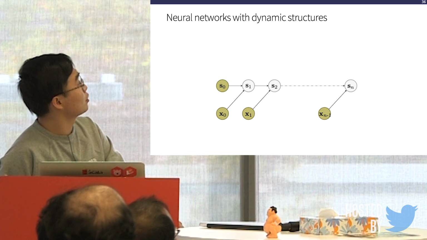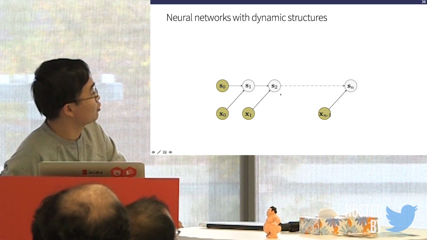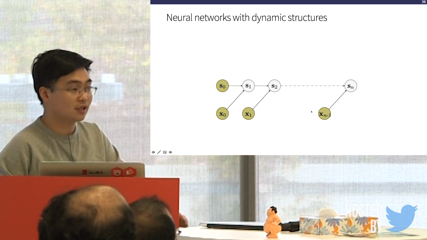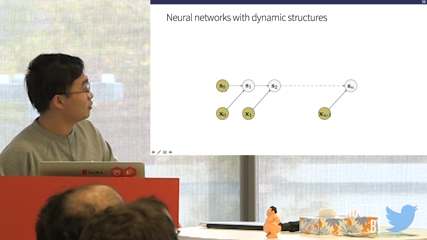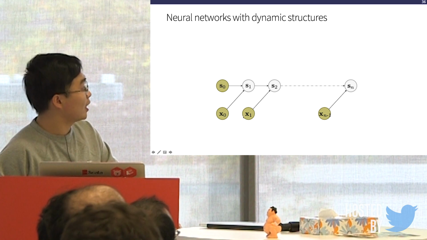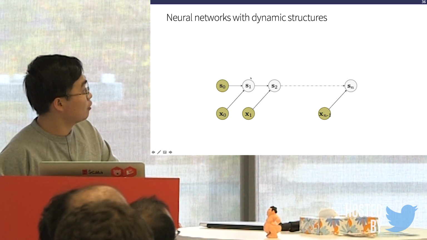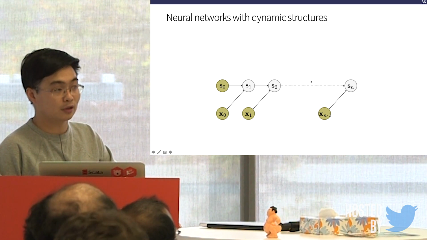Neural networks in a lot of natural language processing tasks have dynamic structures. We have a sentence, and a sentence is of variable length. In a lot of cases, we do an RNN, a recurrent neural model, on top of that. This is basically a fold operation or a scan operation in functional jargon.